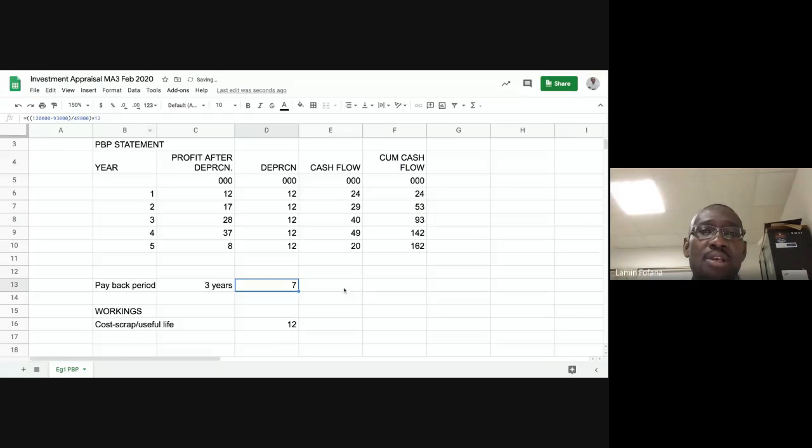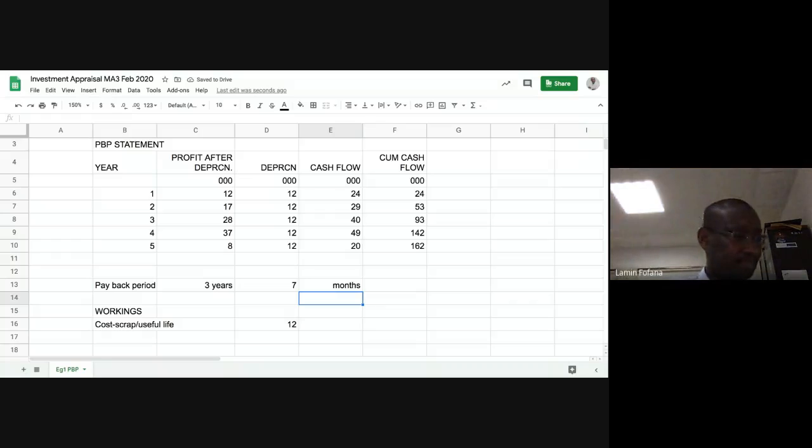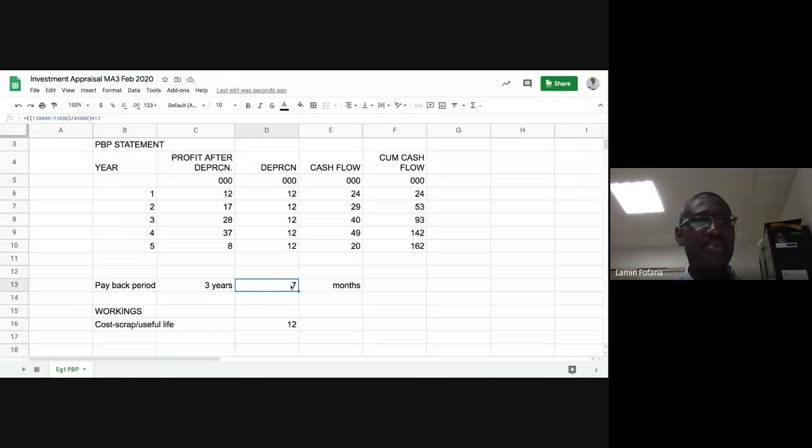So our payback period is 3 years, 7 months. Is that clear? And of course, if you click on it, you'll see the formula. The formula is 120,000, which is the total initial outlay, less 93,000, which is the cumulative cash flow up to year 3.